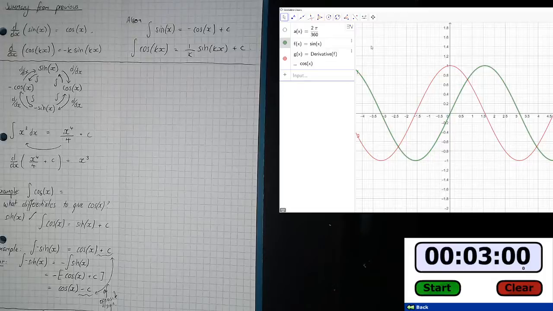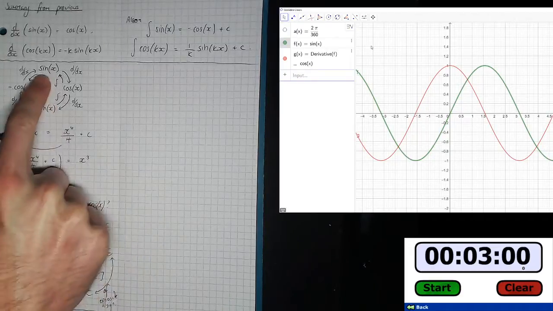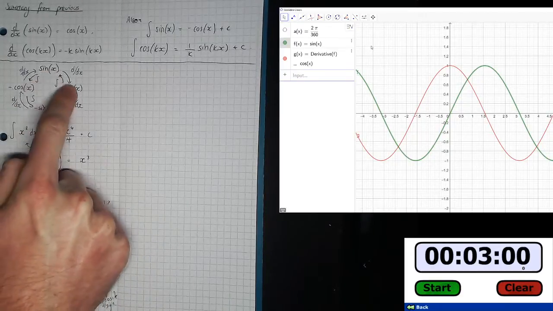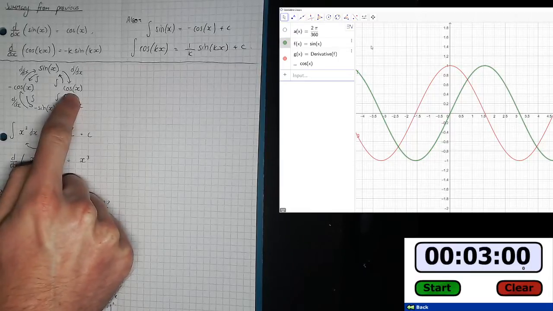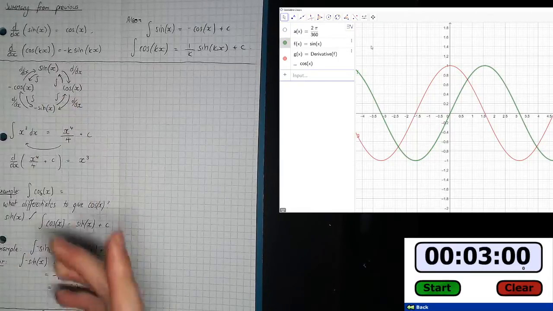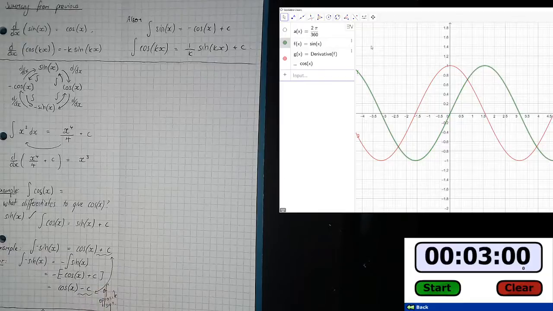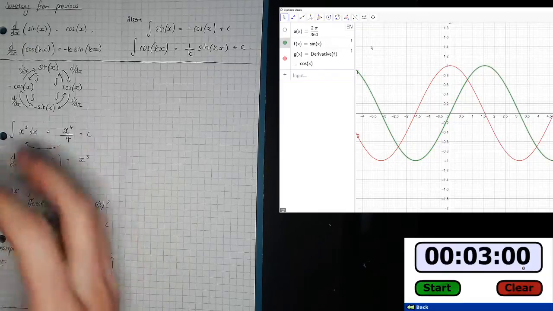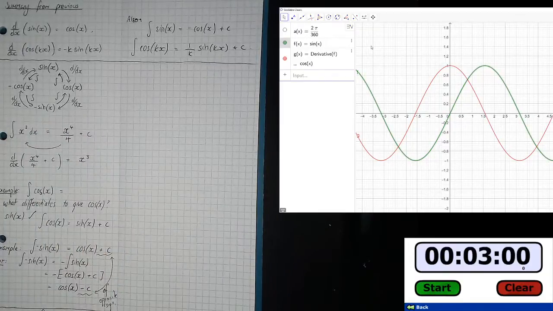Okay? Now, there are lots of proofs that show you that sine will differentiate to give cos, and so the integration is the reverse of this. At the moment, we can take this at face value, or as what we've shown here.